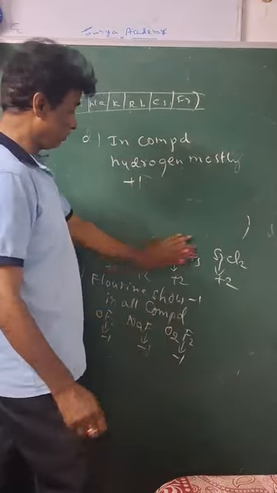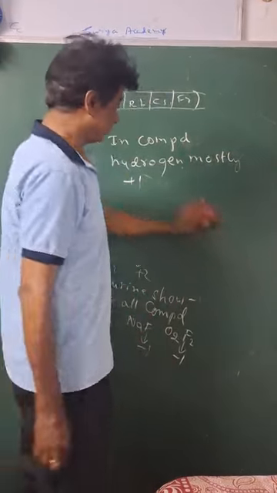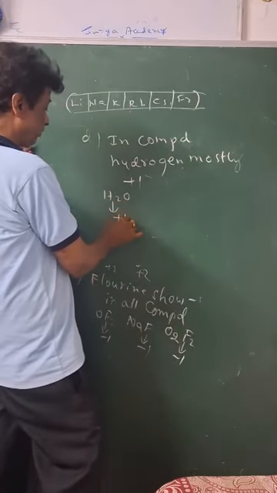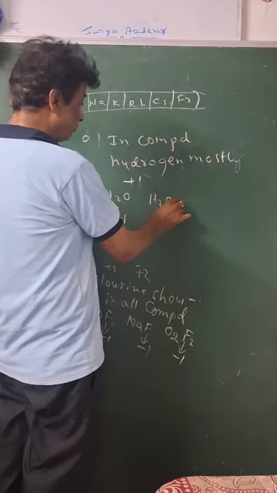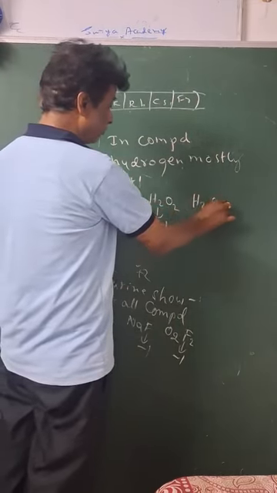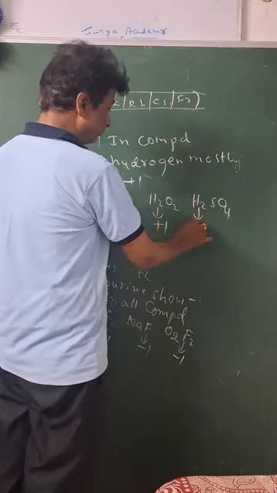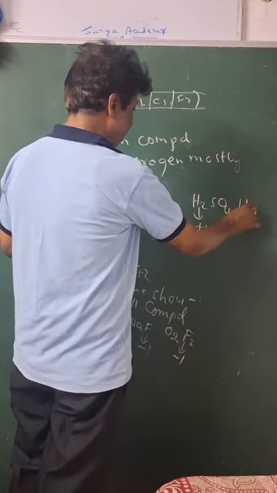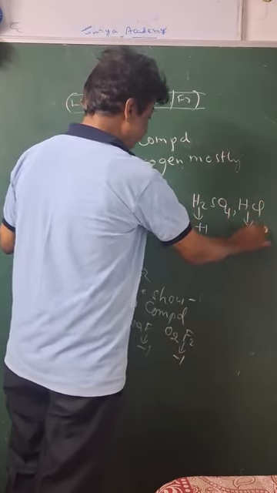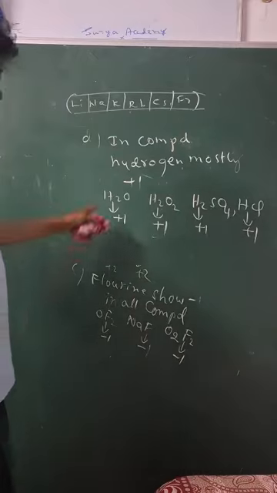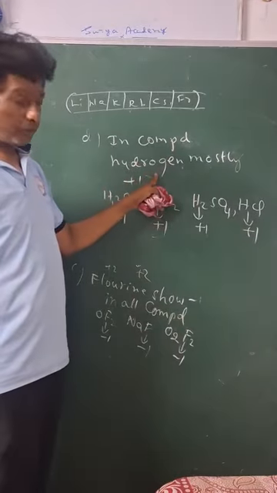For example, H2O plus 1, H2O2 plus 1, H2SO4 plus 1, HCl plus 1. In compounds, hydrogen shows plus 1.